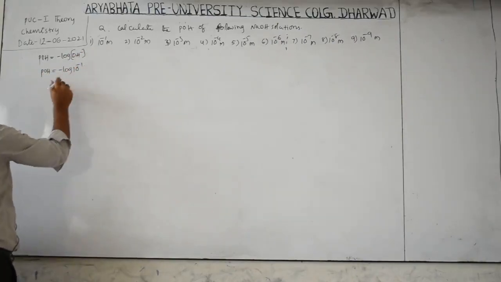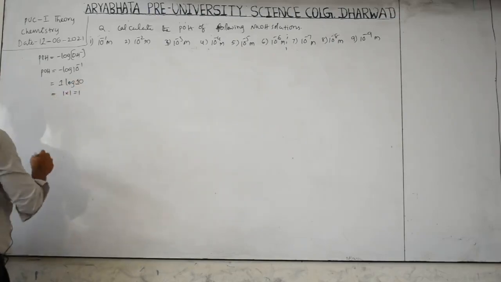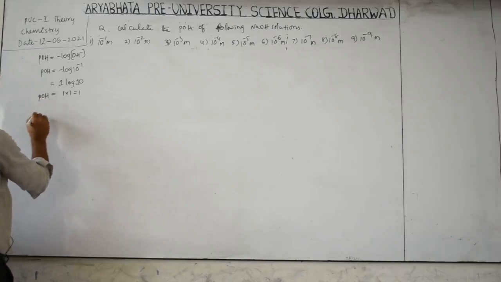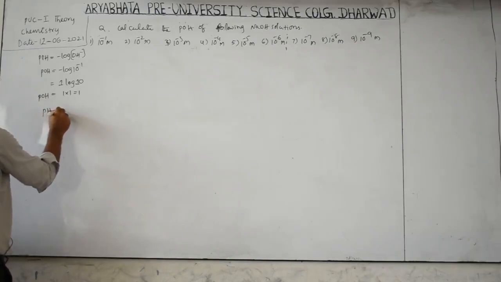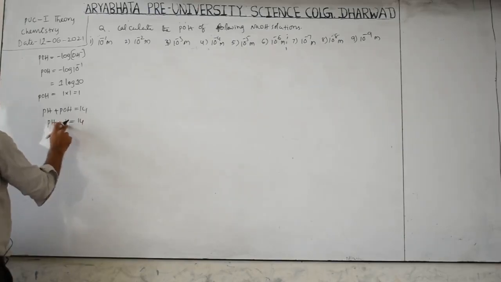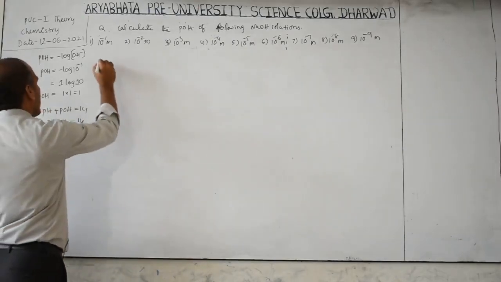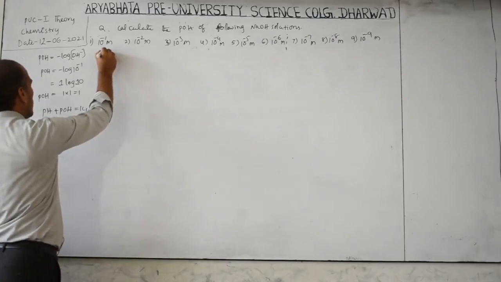A power x form is there: minus into minus plus 1, log 10 1, therefore 1 into 1, that is 1. That is pOH. Then pH plus pOH is equal to 14. Then pH plus 1 is equal to 14, then pH is 14 minus 1, that is 13.